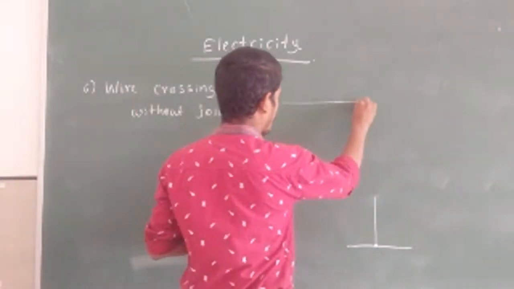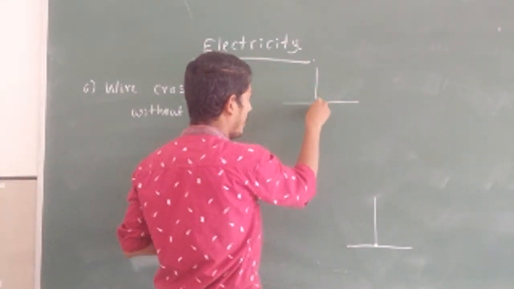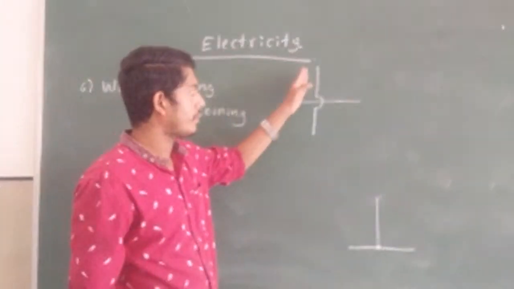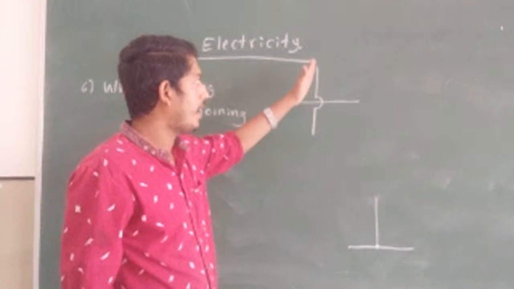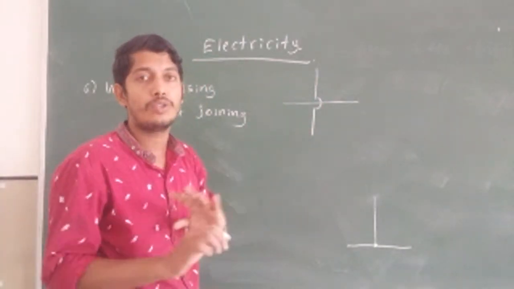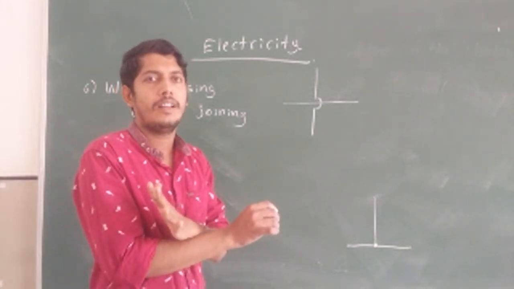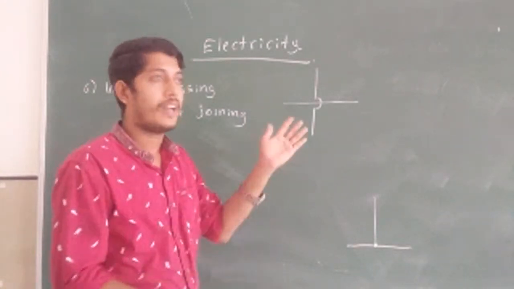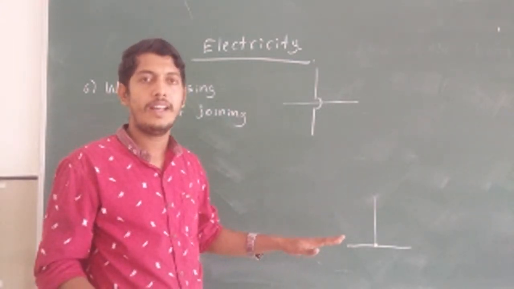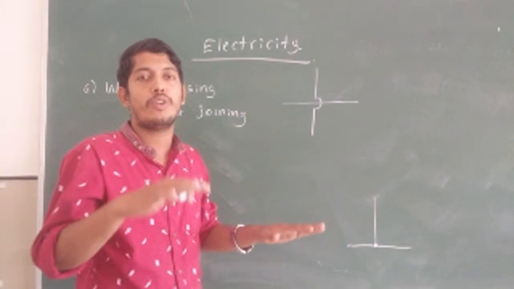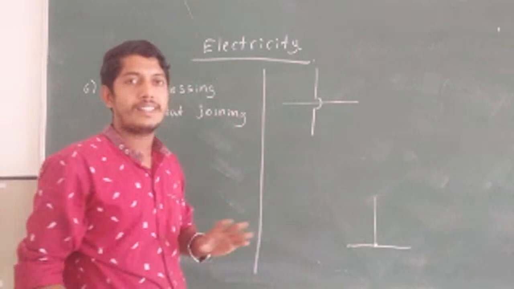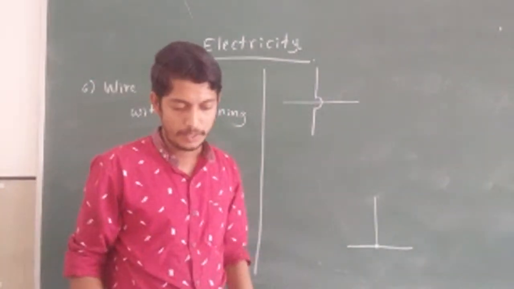So this is one wire, this is the second wire, and here a small tilt is present. That is used to represent that these two wires are crossing each other but are not joined. Just like a bypass, one underground path is there and one above path. They are not joining with each other. So this is the symbol used to represent wires crossing without joining.